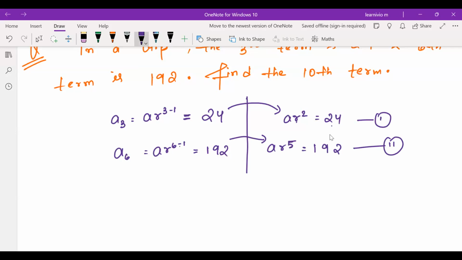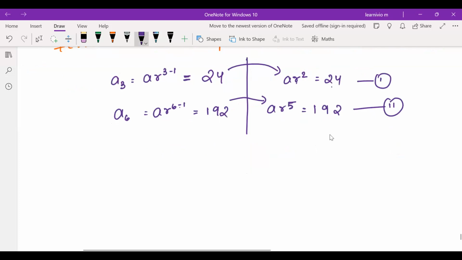we can divide these two equations. Adding two equations, subtracting two equations, multiplying two equations, and dividing two equations is completely acceptable. Better we will divide equation 2 by equation 1 because equation 2 has the bigger power of r.